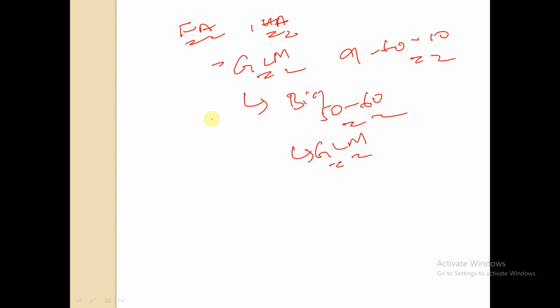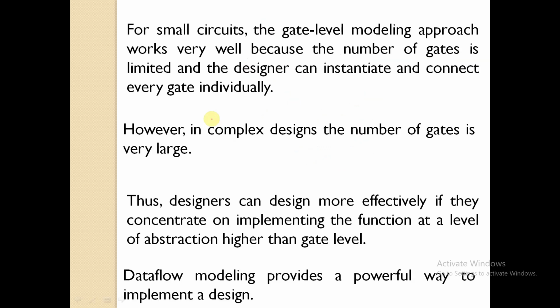We have faced some issues even with small circuits, where we mistakenly connected some wire, so we were not getting output. So gate level modeling will not be feasible when the design is very large, and it is not possible for the designer to instantiate every gate in larger designs.